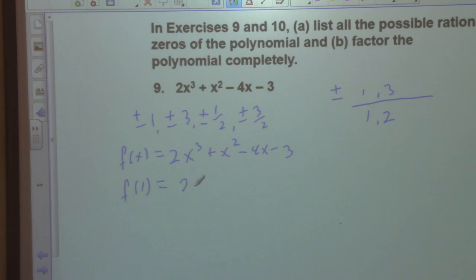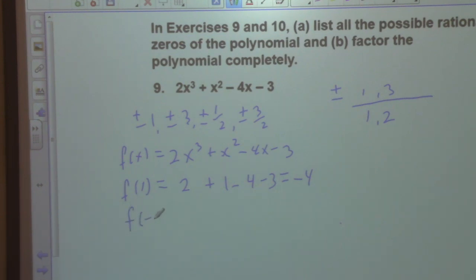Well, we get 2 times 1 cubed, plus 1 squared, minus 4 times 1, minus 3. And so what is that going to be? It'll be negative 4. So is 1 a 0? No, it's not. So now we're going to try negative 1.